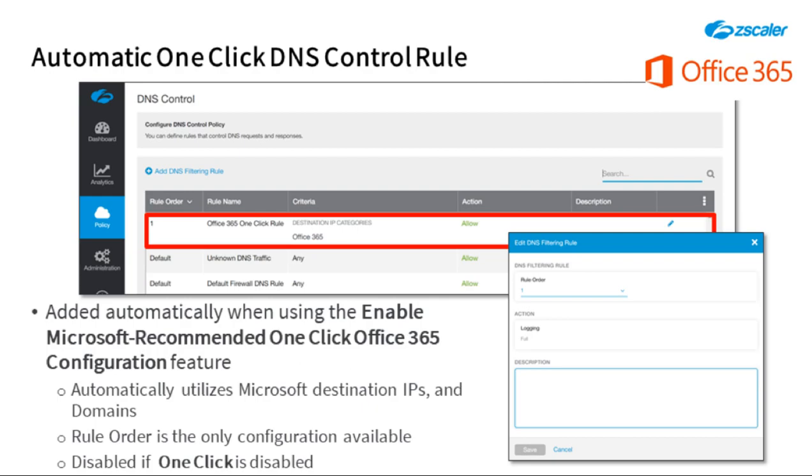We automatically apply a DNS override for Office 365 traffic received on transparent proxy connections, or tunnels, to optimize the data path for users and ensure that they connect to the closest Microsoft application instance. Also, as with the firewall rule, if the Office 365 one-click setting is subsequently disabled, this rule will be set to the disabled state, but will still appear in the DNS control rules list.